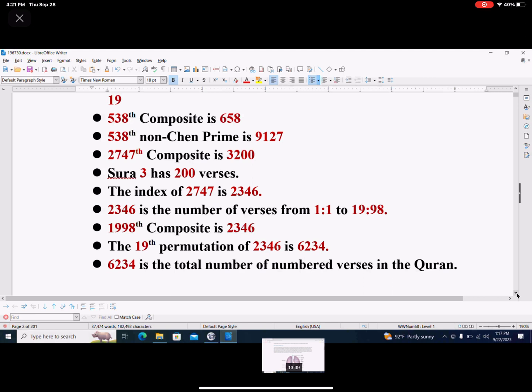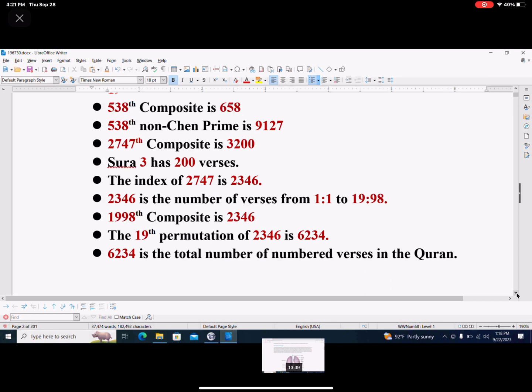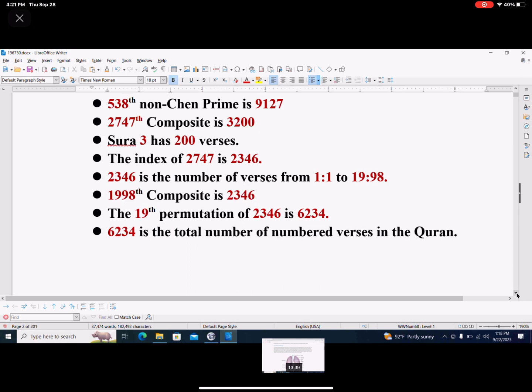I mean, what else do we need? That's what you have to ask yourself. What do we want? Isn't that amazing? All of this stuff that I just showed you. Okay? So that's why you see so much similarity between chapter 3 and chapter 19.